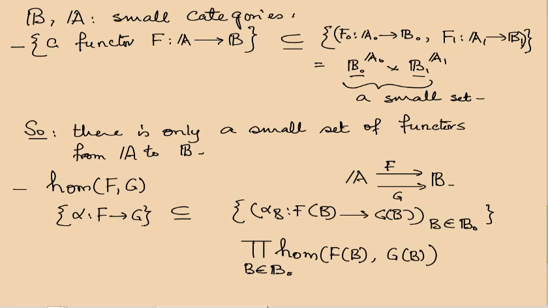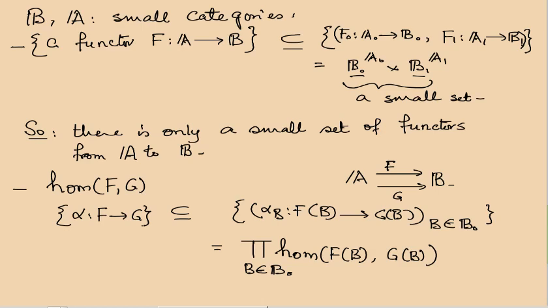So what is the set I'm saying? It is indexed by B, so it will be a product over B of alpha B's, right? And what are alpha B's coming from? Alpha B's are coming from this, so this set is actually this set.